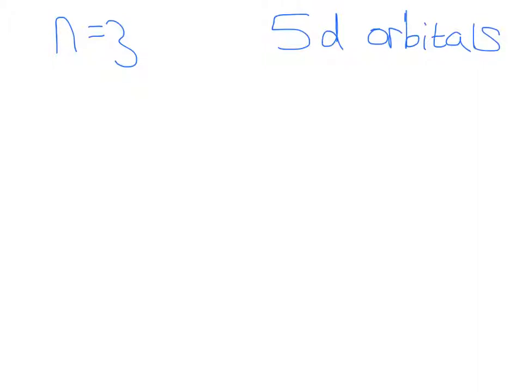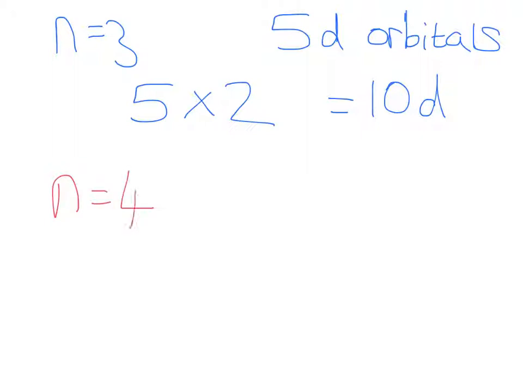This gives us 5 times the 2 electrons that each orbital can hold, 10 d electrons. From n equals 4 upwards, each shell contains 7 f orbitals.